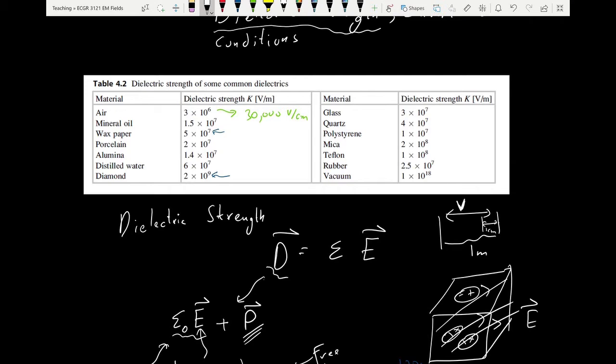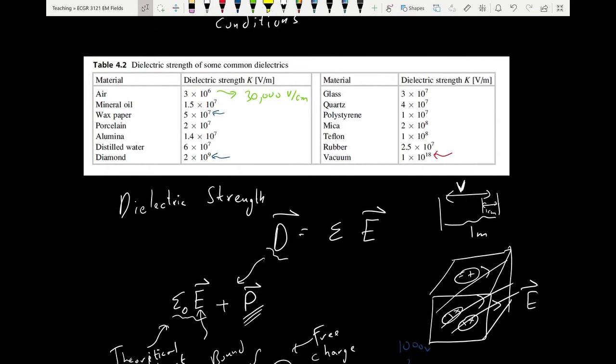Of course, the vacuum has a hypothetical dielectric strength of 10 to the power 18, right? What actually happens in the vacuum is interesting. It becomes more of a quantum effect that starts to play a part when you reach those really humongous electric field strengths, so things go beyond the classical theory. You would expect within the classical theory the dielectric strength to be infinite, but it's not.